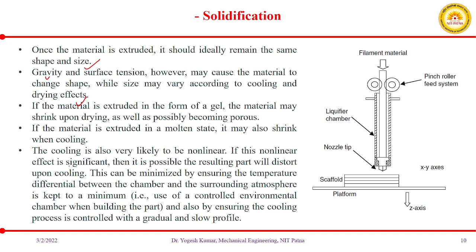If the non-linear effect is significant, then it is possible that the resulting part will distort upon cooling. This can be minimized by ensuring the temperature differential between the chamber and the surrounding atmosphere is kept to a minimum. That is, use a controlled environmental chamber when building the part, and also ensure the cooling process is controlled with a gradual and slow profile.